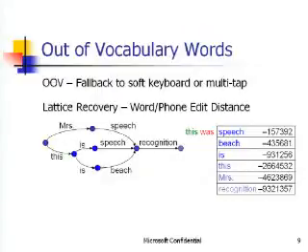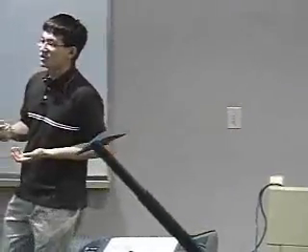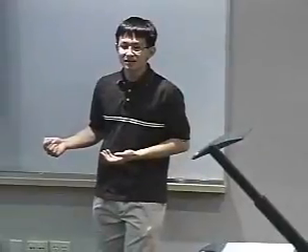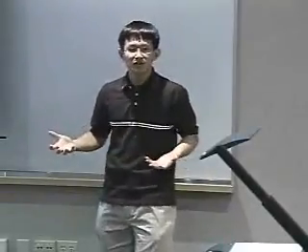So let's go back and see why we can recover from the lattice when we have an OOV word. As people pointed out, I'm not going to be able to know that the word is actually OOV, because what I entered is OOV.